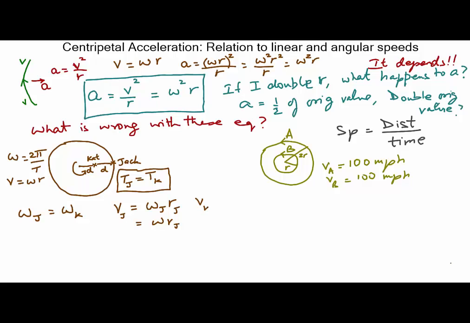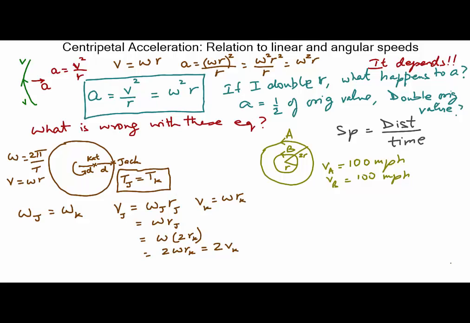And then Vk on the other hand would be omega times Rk. And since we know that Jack's radius is twice Kathy's radius, I can write this as omega times 2Rk, which simplifies to 2 omega Rk. And since omega Rk is just Vk, this becomes 2 Vk.